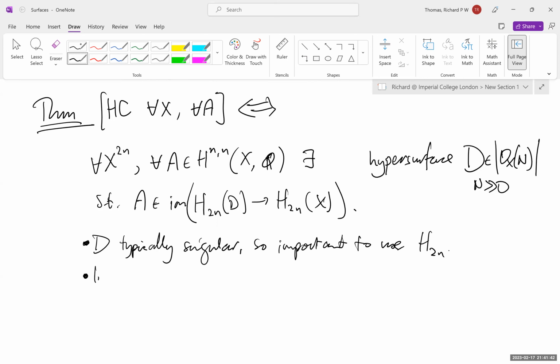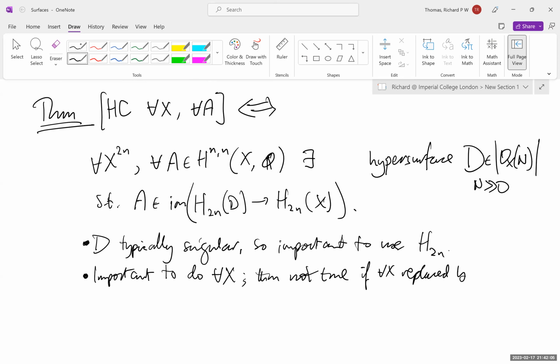Another thing is, as I mentioned, it's important to do it for all X at once. The theorem is not true if "all X" is replaced by "one X".